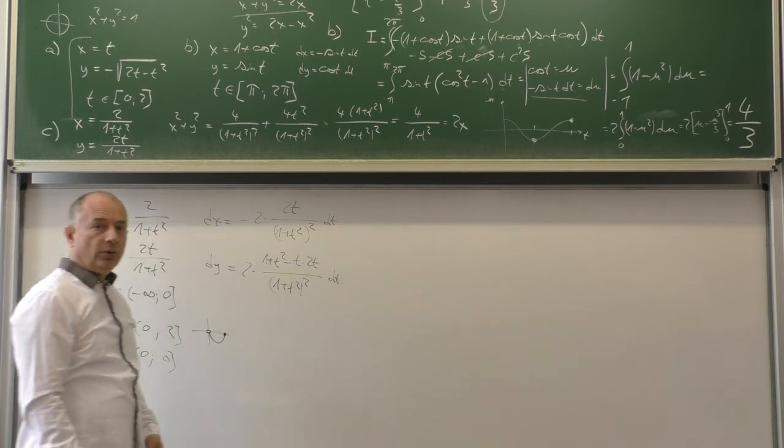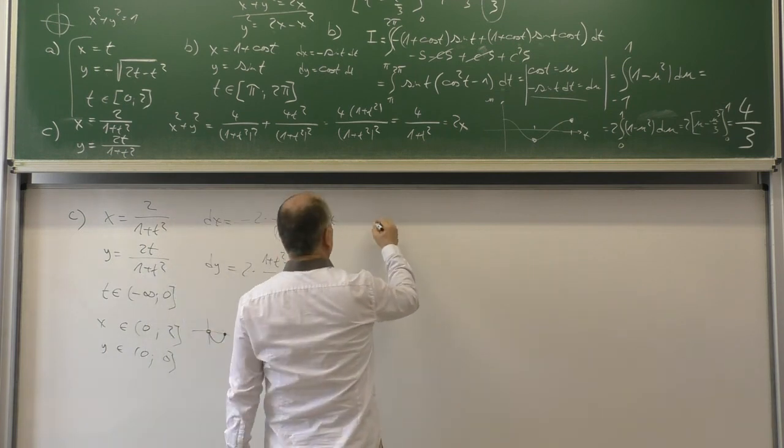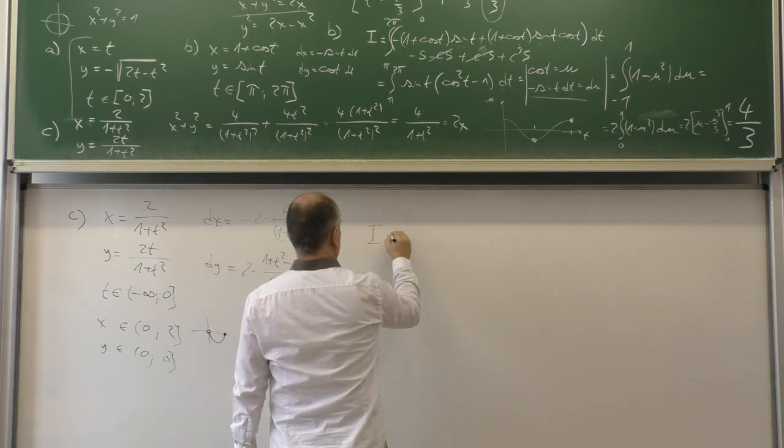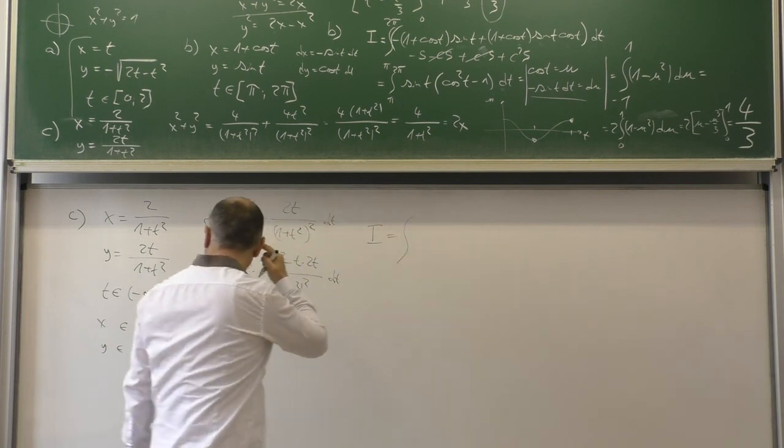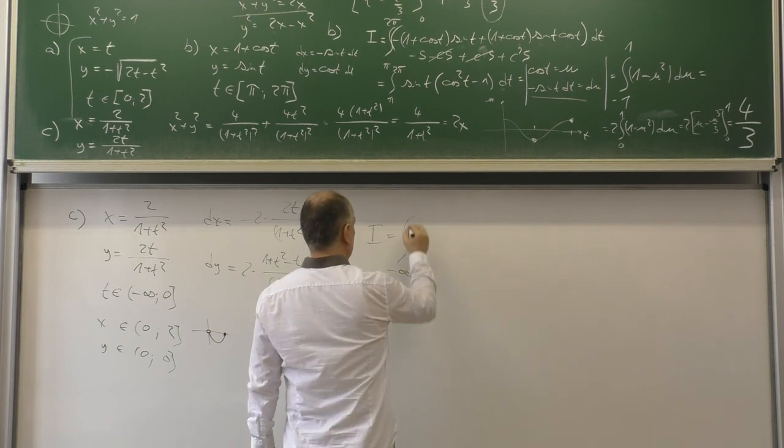Well, so we have all we need to write the integral. Using this third parametrization, the integral will be, t goes from minus infinity to 0.